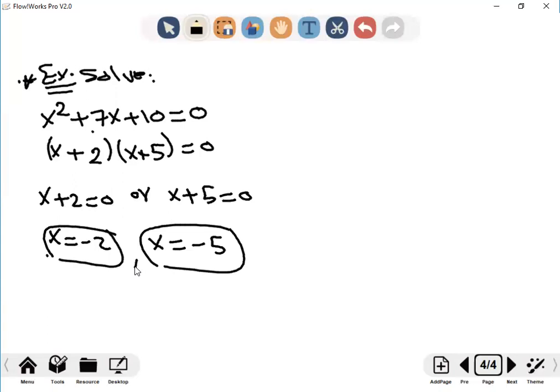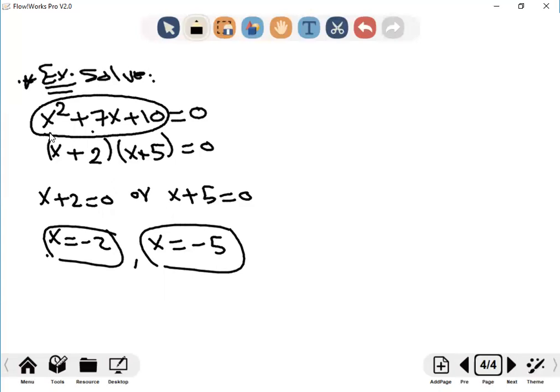But what is the meaning of solution? A solution makes the equation correct, or true. Now put the negative 2 in place of x. Together: negative 2 power 2 is positive 4, right? 7 multiply negative 2 is negative 14. So 4 minus 14 minus 10 plus 10 equals 0, right? Put the negative 5, same idea.